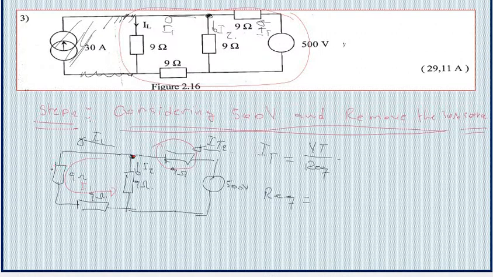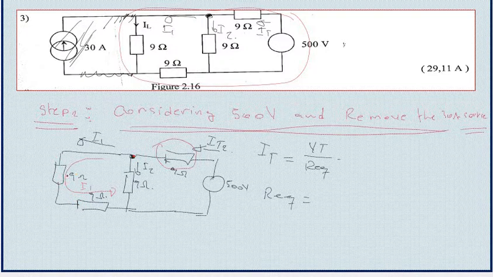So the current passing in this resistor is the same as the current that is passing through this resistor. Since it is the same current, I can say that these resistors are in series because they are all crossed by the same current.